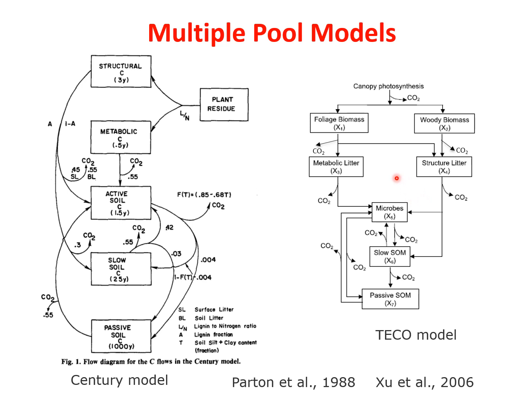Both models conceptualize our natural carbon cycling into different compartments, that is, different carbon pools with different characteristics, and track the transfers among different carbon pools, indicated by those arrows.